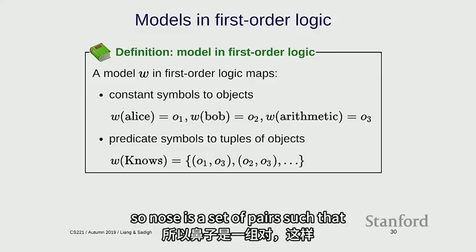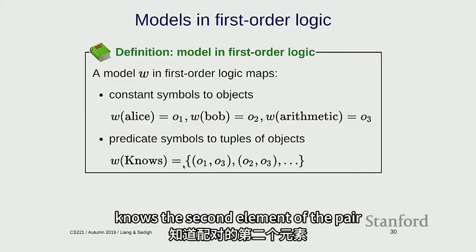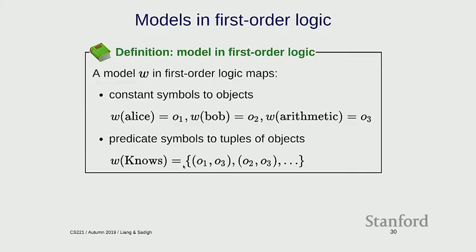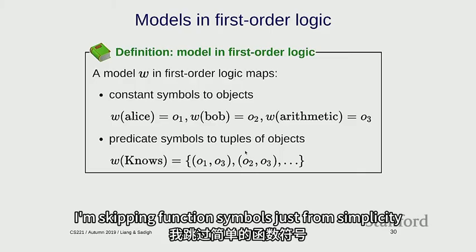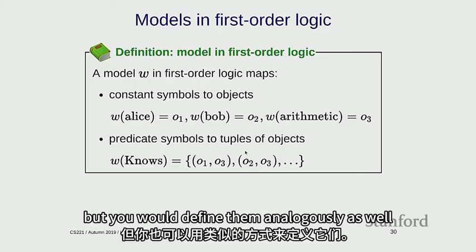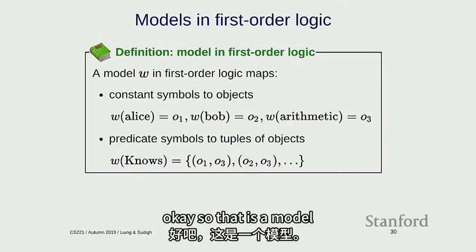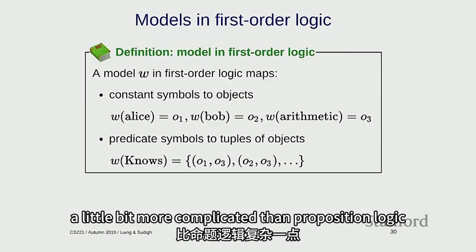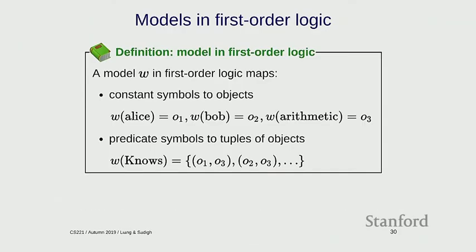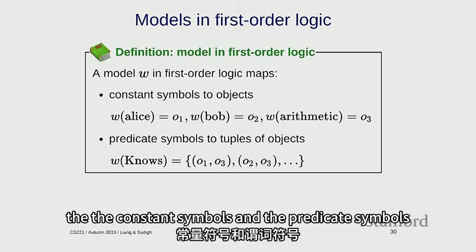So knows is a set of pairs such that the first element of the pair knows the second element of the pair. I'm skipping function symbols just for simplicity, but you would define them analogously as well. Okay, so that is a model. It's a little bit more complicated than propositional logic because you have to define something for both the constant symbols and the predicate symbols.